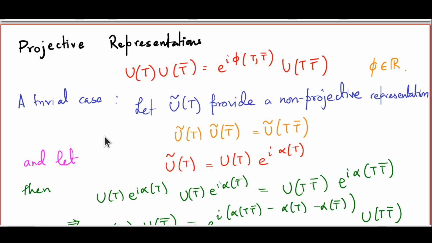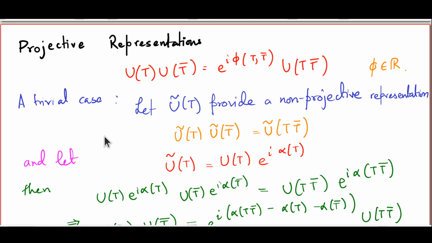Now, given the fact that the unitary operators map vectors to vectors, whereas physically we are more interested in rays to rays, what you can always do is redefine the operator involved by introducing an extra phase. So instead of U tilde T, you could use U T, where U tilde T is related to U T through an extra phase. U tilde T is U T e to the power i alpha, which may of course depend on T.